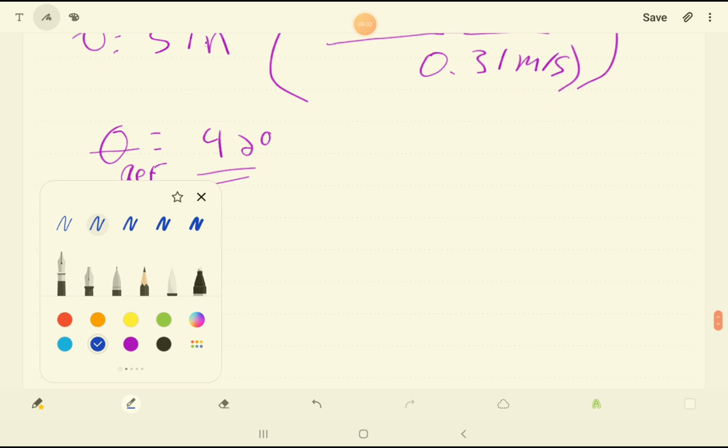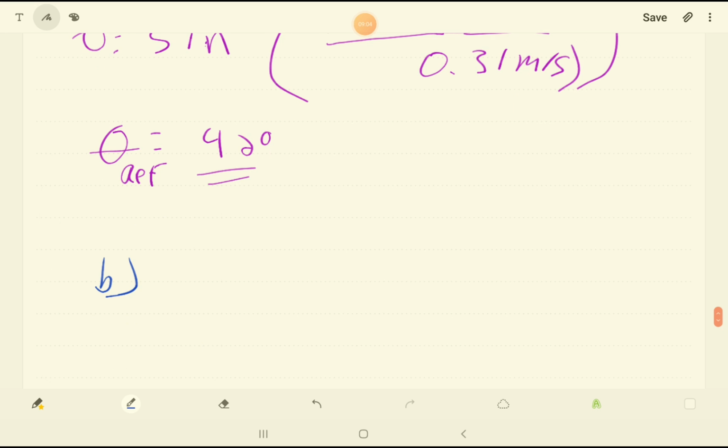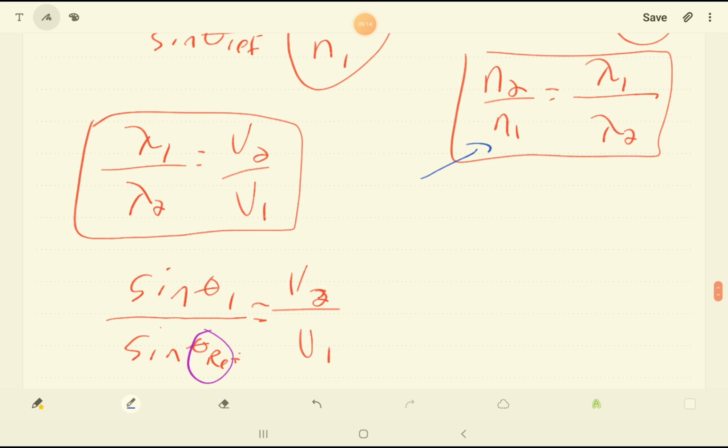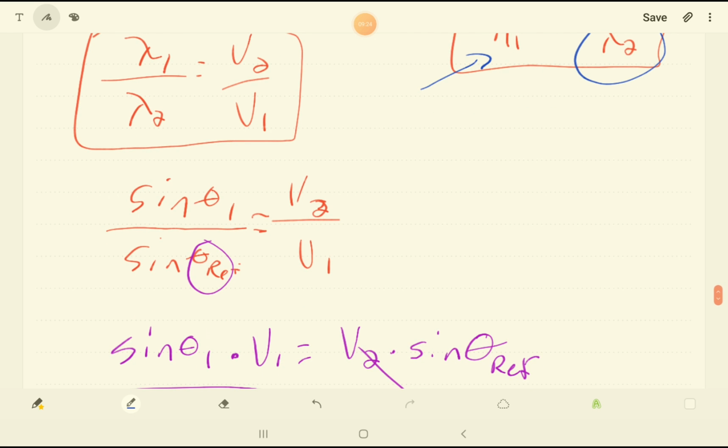What we want for part B is the wavelength in shallow water, which is the lambda over here. And remember when I said that this relation is going to come in handy? That is simply because we're going to use it in order to get this value here.